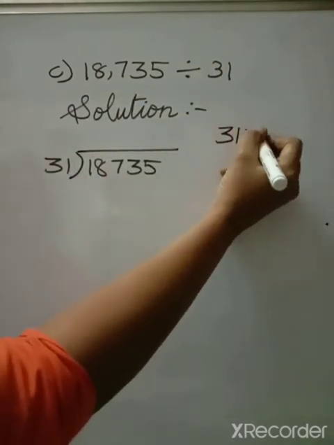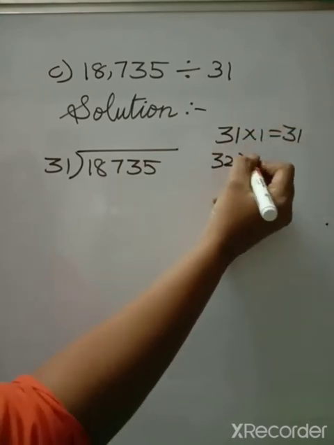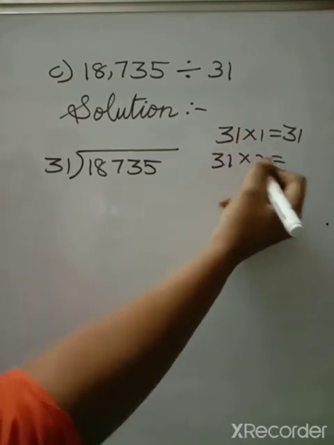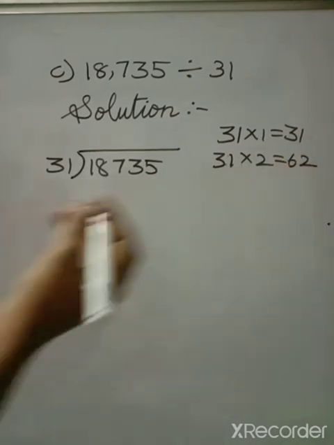So see here, 31 into 1 it is 31. 31 into 2. 2 ones are 2, 3 twos are 6. So it is 62.